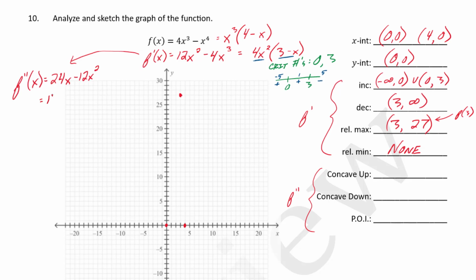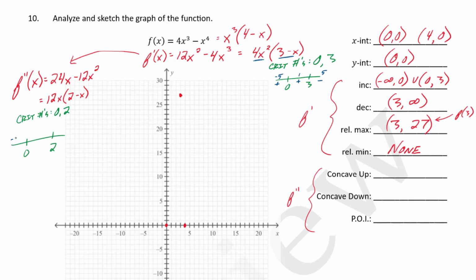Just like before, it looks like I can factor a 12 out as well as an x. That would leave me a 2 and a minus x, so it looks like my 2 critical numbers for this derivative are 0 itself again, as well as 2. So another sign line with 0 and 2.